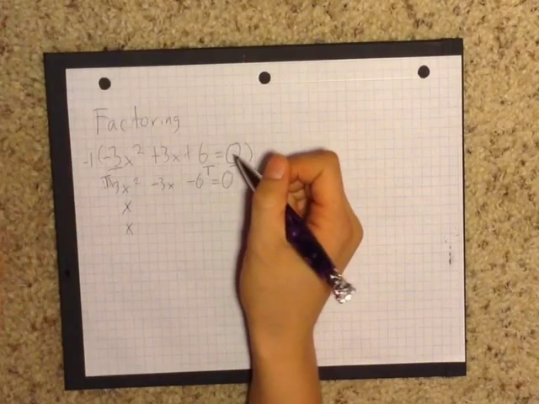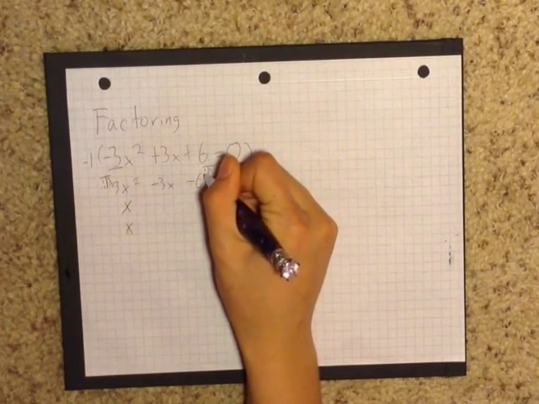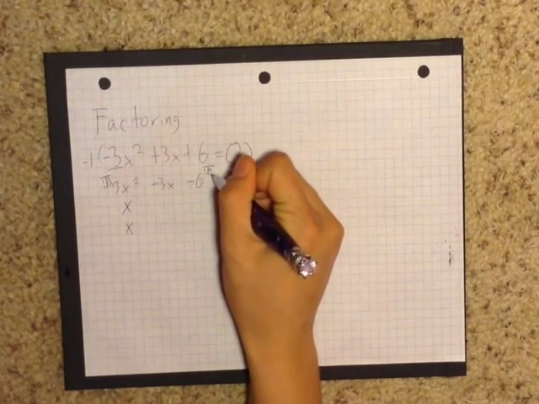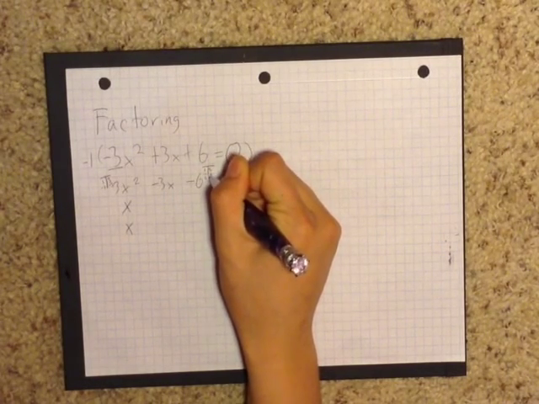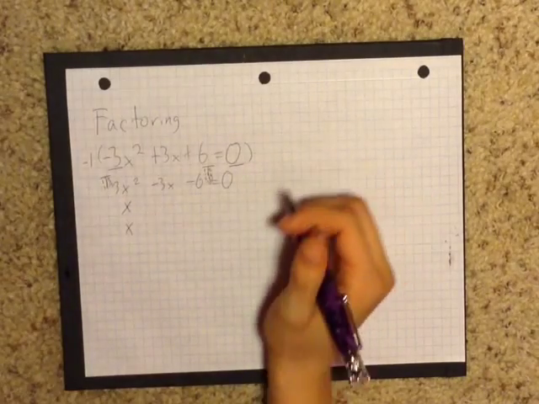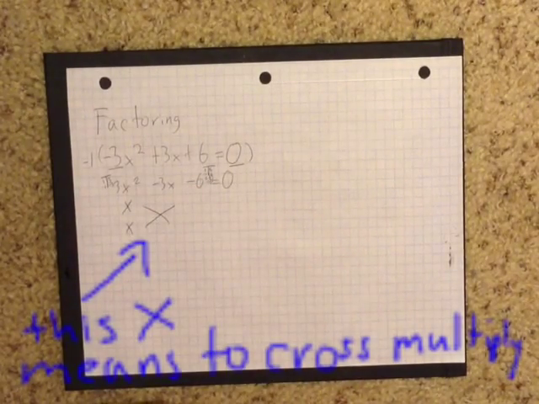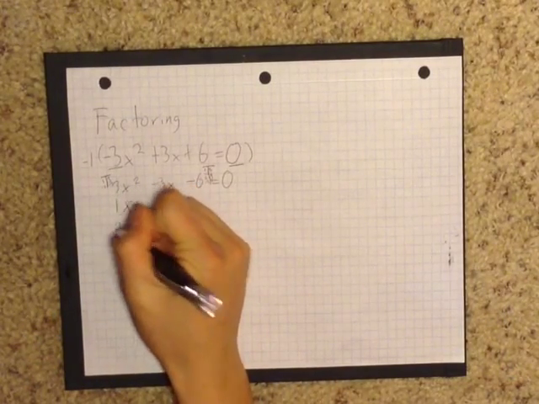And then for 6, it could be 1 and 6, -1 and -6, 1 and -6, -1 and 6, 2 and -3, and -3 and 2. So we have many options, but we're going to go with first trying 1 and 3.